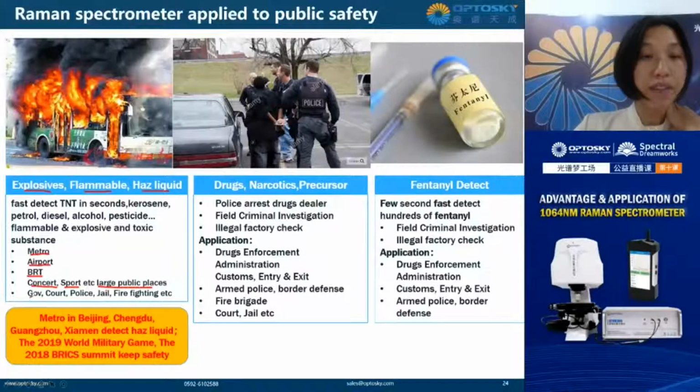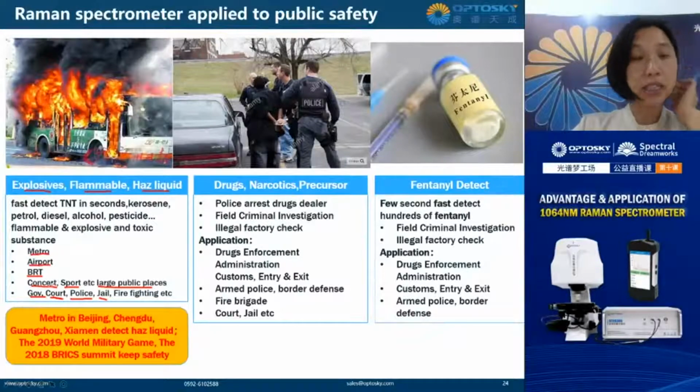And we have a government, court, police, and also in jail. And court, you see why court? Because if some people they are not satisfied with the result, they could risk himself.